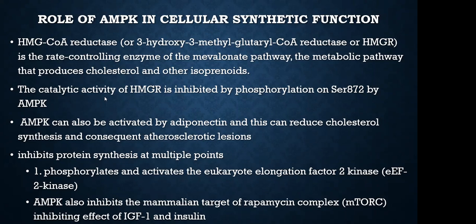One, it phosphorylates and activates eukaryotic elongation factor 2 kinase, and AMPK also inhibits the mammalian target of rapamycin complex, inhibiting the effects of both IGF-1, which is a growth hormone, and insulin. So it plays a role in both of those.